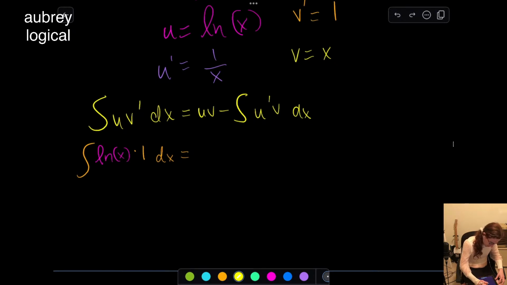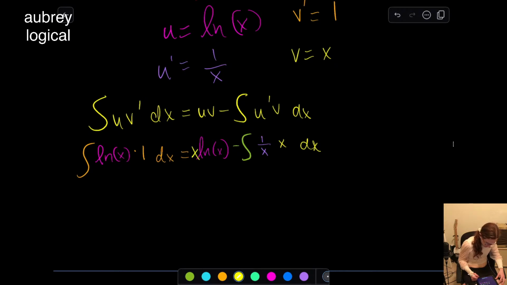And now we do the ln of x times x, minus the integral of the derivative of 1 over x times x dx.